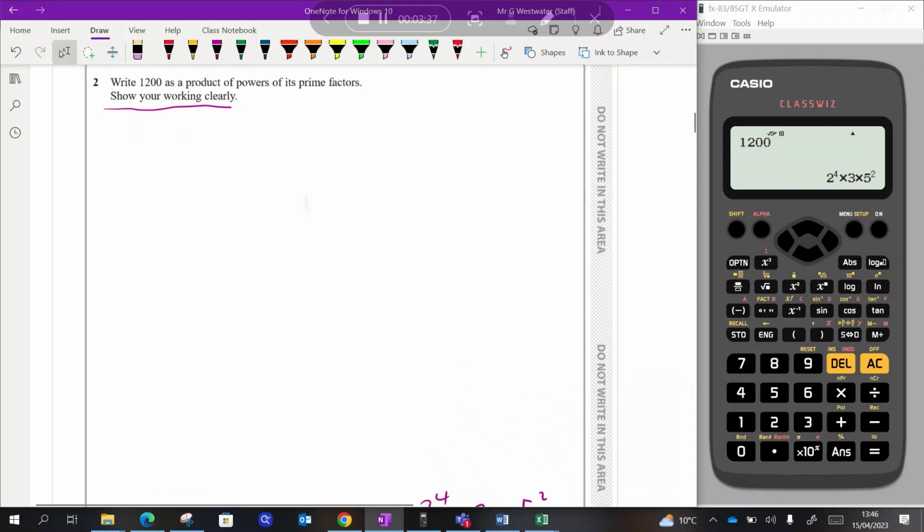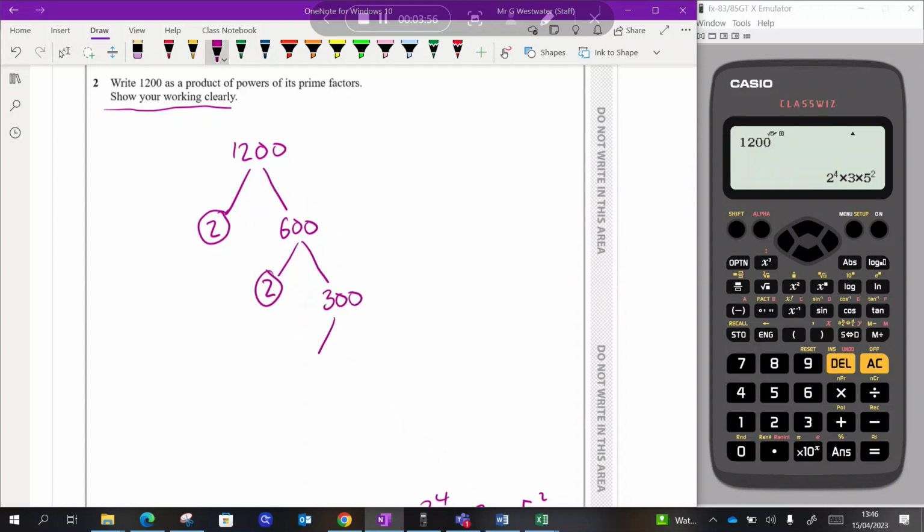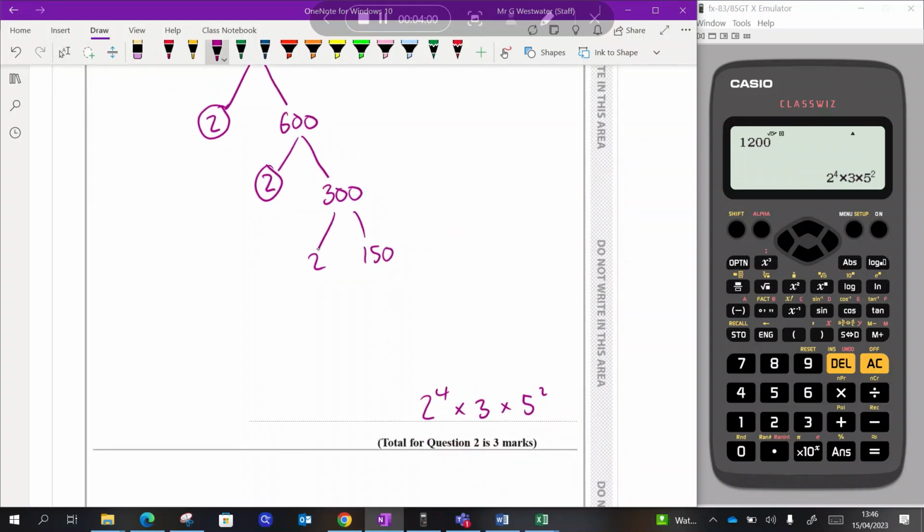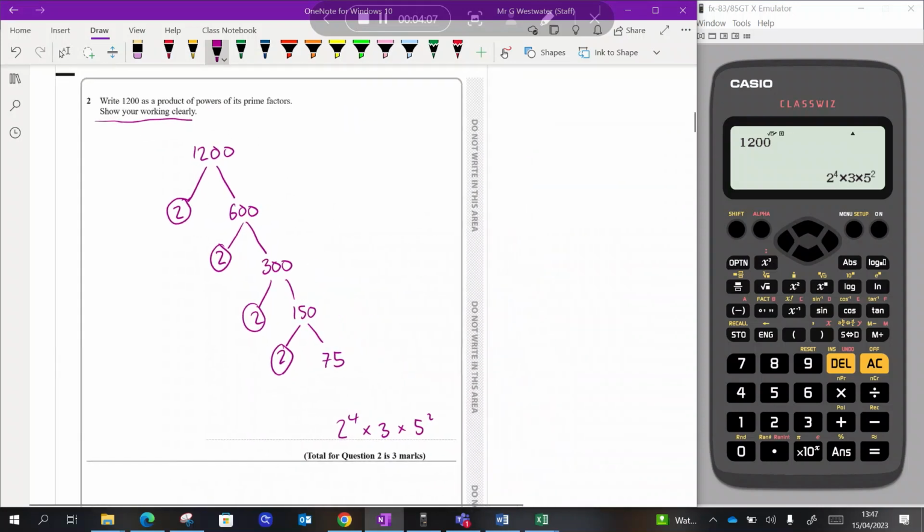So what it's looking for is a method. Now there are a few different methods you can use. I like the sort of cherry tree approach, so I'm going to break it into various steps. So this is 2 times 600, and every time I get a prime number I'm going to circle it. I'm going to stick with the 2s until I can't divide it by 2 any further. 2, 1500, 150, and 2, 75. Maybe I should have done this a little bit smaller.